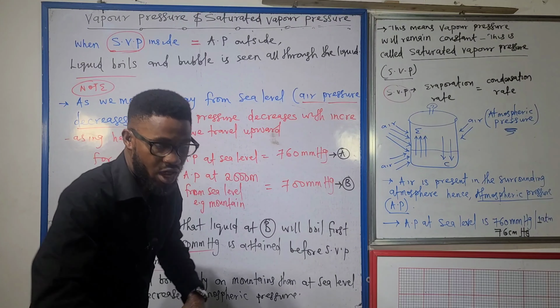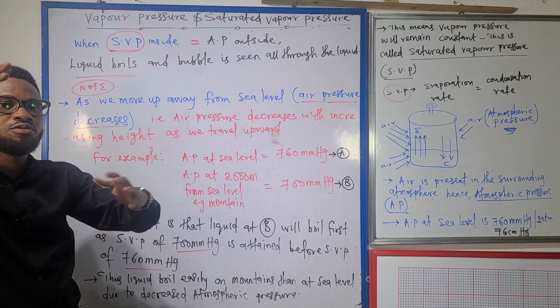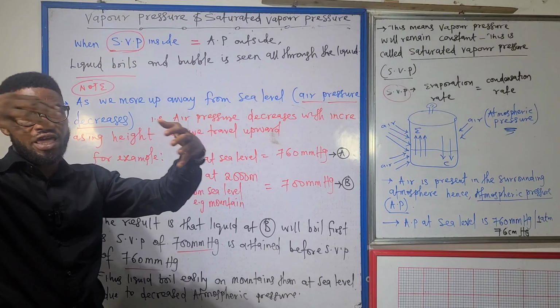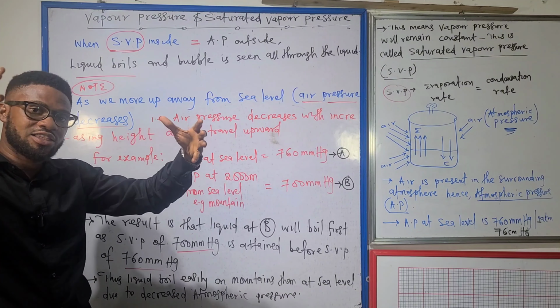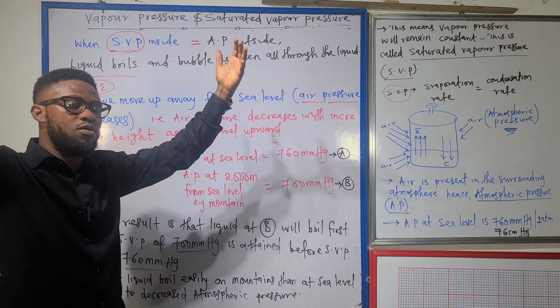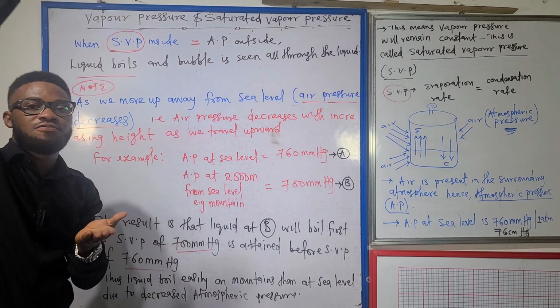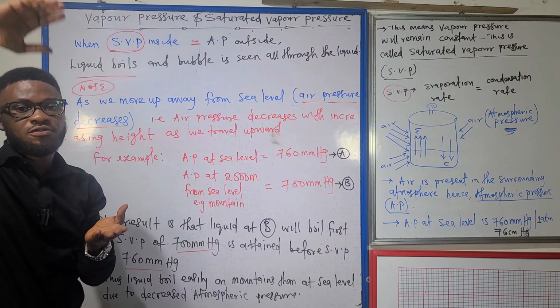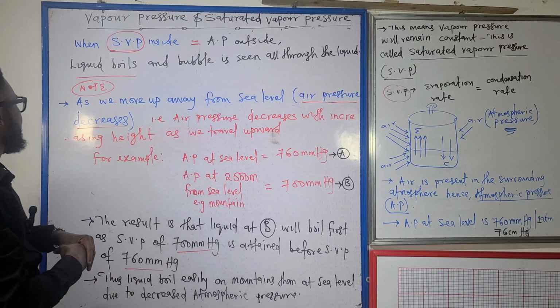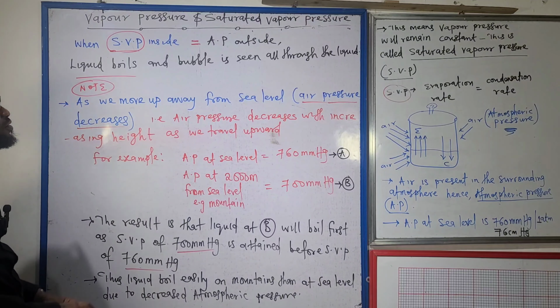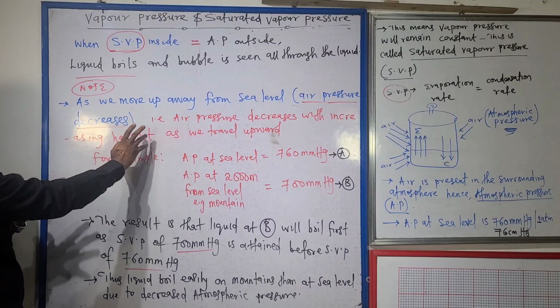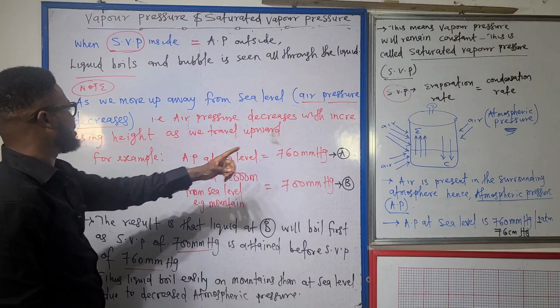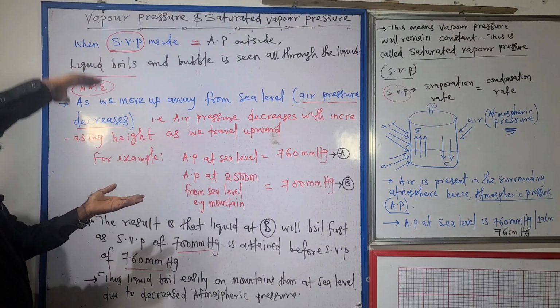The farther we travel away from sea level, the lesser the amount of air we have in the atmosphere. So when there is less air to bombard, it means as we travel away from sea level, atmospheric pressure reduces. That is, air pressure decreases with increasing height as we travel upward.